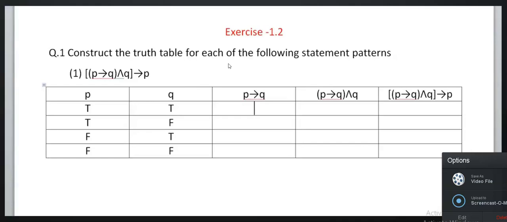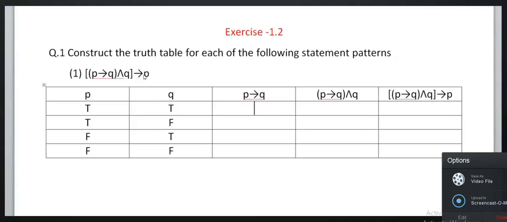Construct the truth table for each of the following statement patterns. That is, in square brackets, P implies Q and Q implies P. Now if you see this statement pattern, what is the main connective here? The main connective here is the implication.